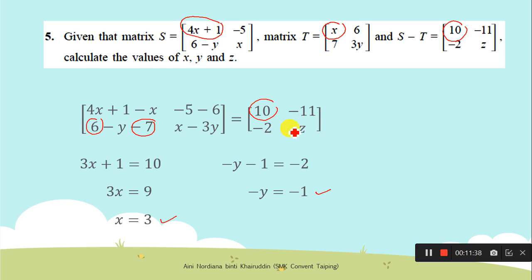To calculate the value of Z, so is equals to this. Since you already get the value of Y here, just substitute the value of Y into this. Oh, okay, sorry, this is the value for Y. Okay, substitute the value of Y here with 1. So you get the value of Z.